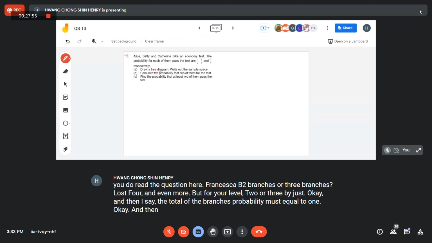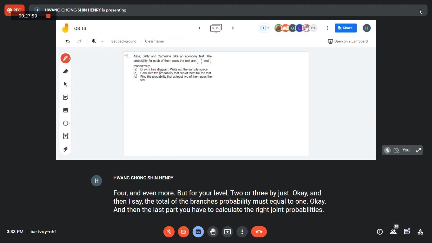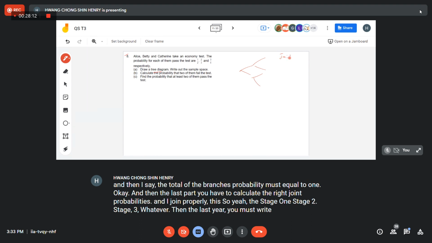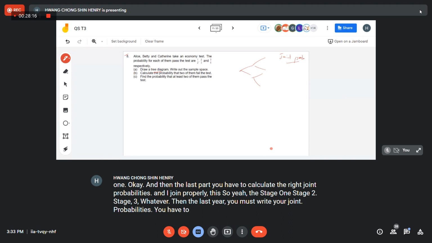And then the last part, you have to calculate the what? Joint probabilities. Joint probabilities. So you have a stage 1, stage 2, stage 3, whatever. Then the last here, you must write your joint probabilities. You have to calculate.